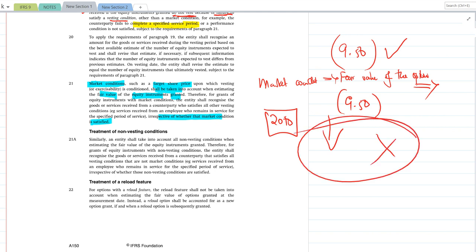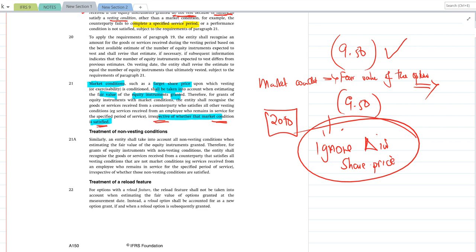Regardless of the change, they say irrespective of whether the market condition is satisfied. So if they, let me write it in this year, please ignore changes in what? In share price. This is an economic change, guys. Economics, for those who did economics, right?